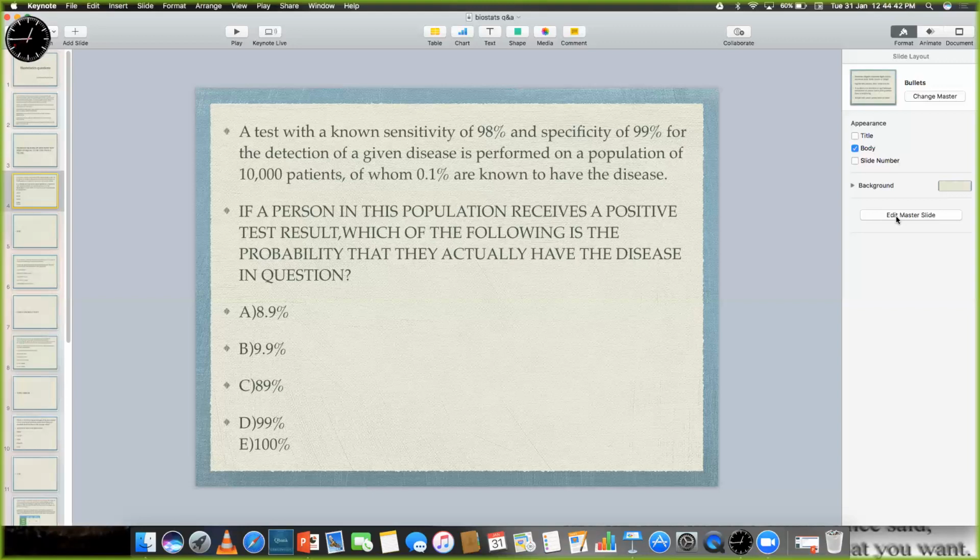B will be 99% of 9,990. So 99% of 9,990, what is that? It's somewhere around 9,890.